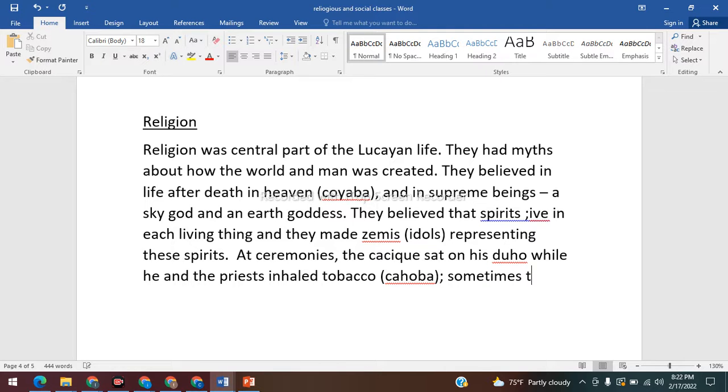Sometimes they sang, sang and danced or played a ball game, which is called batos.